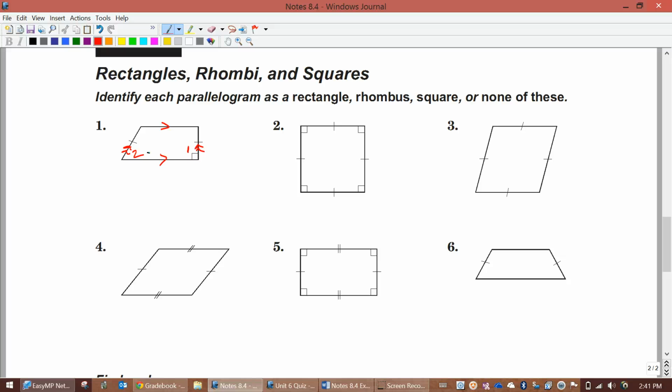One of those two is 90, so what does the other one have to be? 90. They're all 90-degree angles. Okay? That is a rectangle.